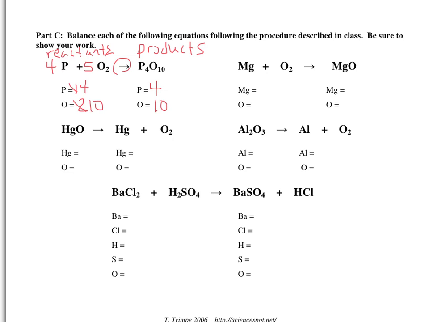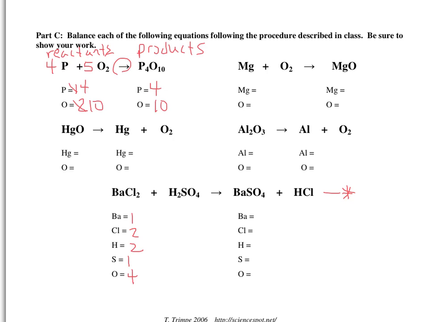Okay. I did a couple of these other shorter ones as examples in class yesterday, so I'm going to skip down to this big one here. You do the same thing regardless of how big or long the equation happens to be. So here I have one barium, 2 chlorines, 2 hydrogens, 1 sulfur, 1 sulfur, and 4 oxygens.